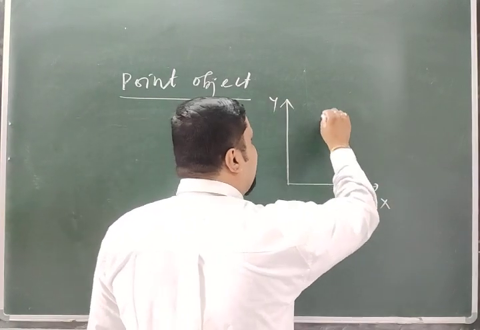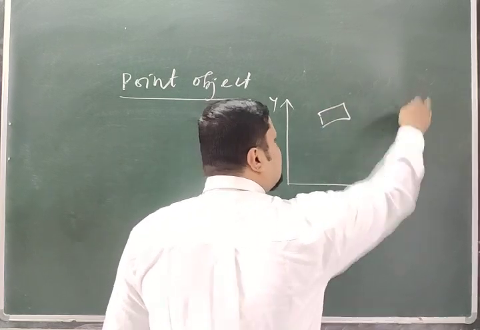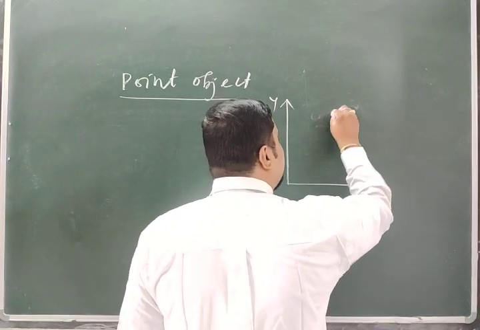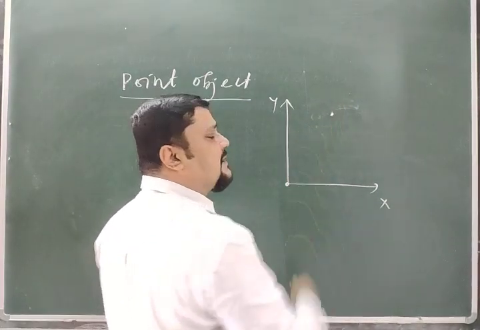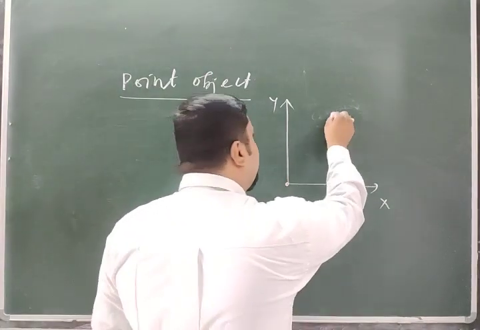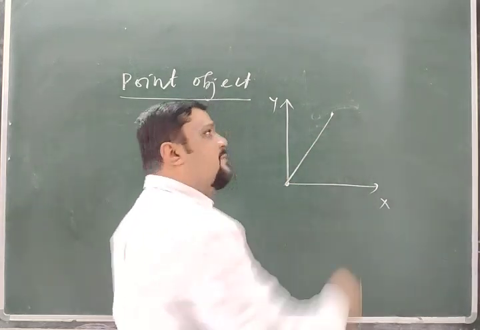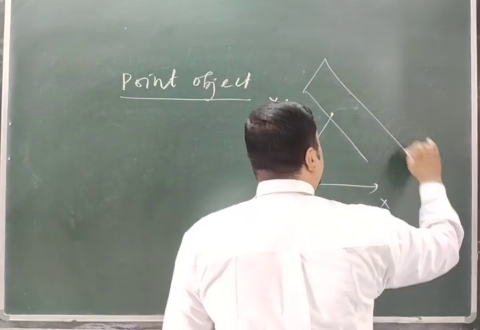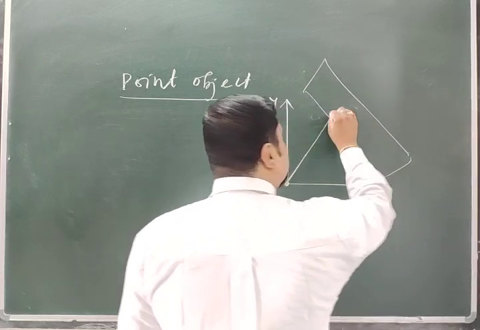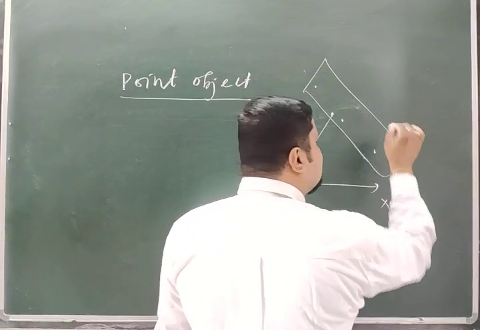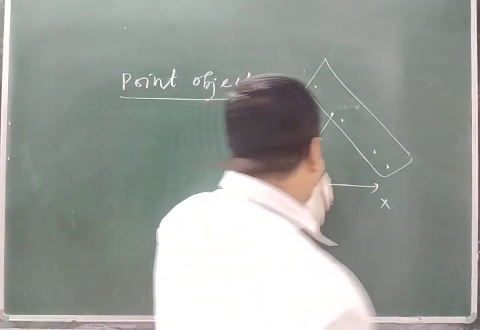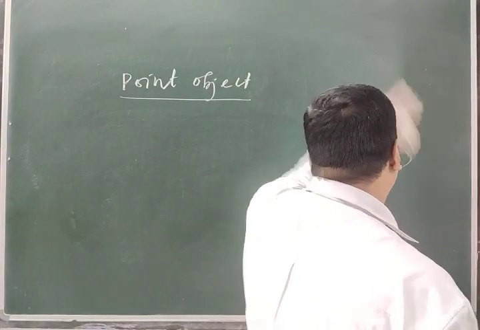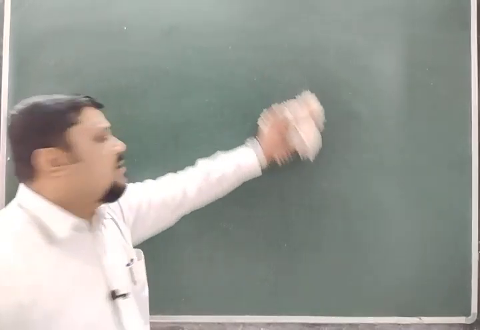Suppose I say a train is here, meaning we will not show the complete train, and show that yes, this is the train at this position and you are the observer here. So you can locate it like this. This is to make things simpler. If you draw a train like that, and ask what is the length of this train, then you would have to consider this point or this point or this point, and that gives you difficulties. So to make things simpler, we introduce this point object concept.